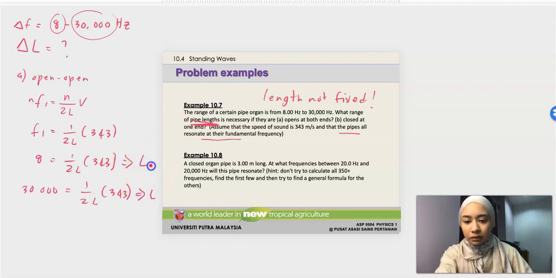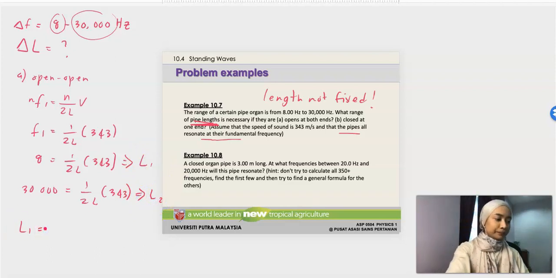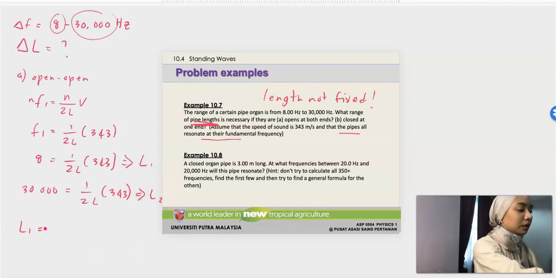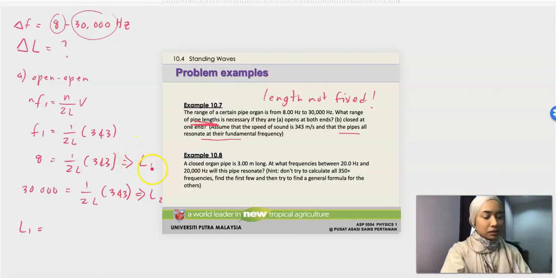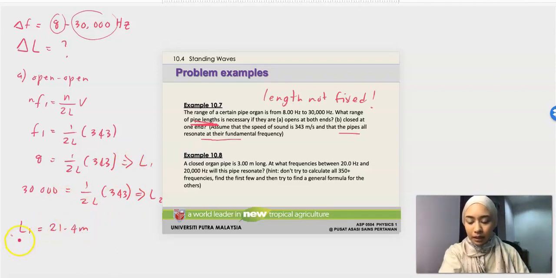So L1, L2. So L1 should give me how much? Let me use my calculator. So L, if the frequency is 8 kilohertz, it is 21.4 meters. Okay, and if it's 30 kilohertz, the L should be 0.00572 meters.